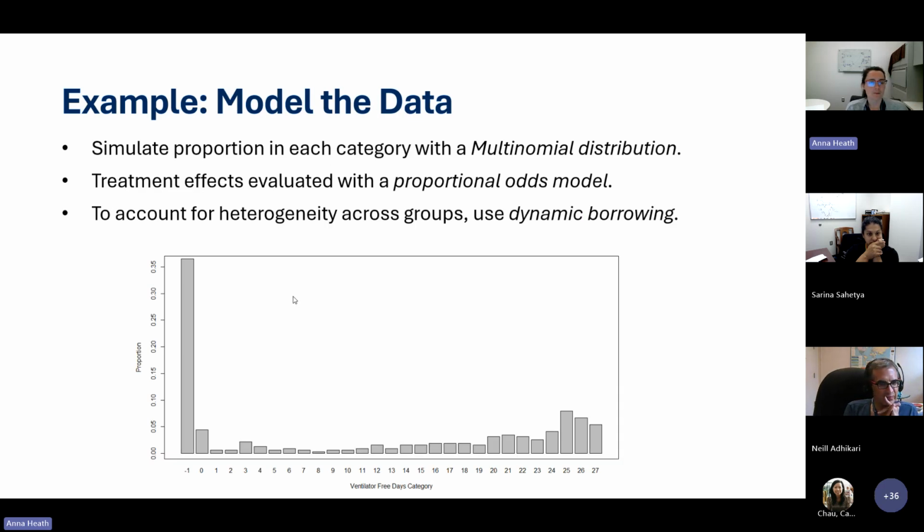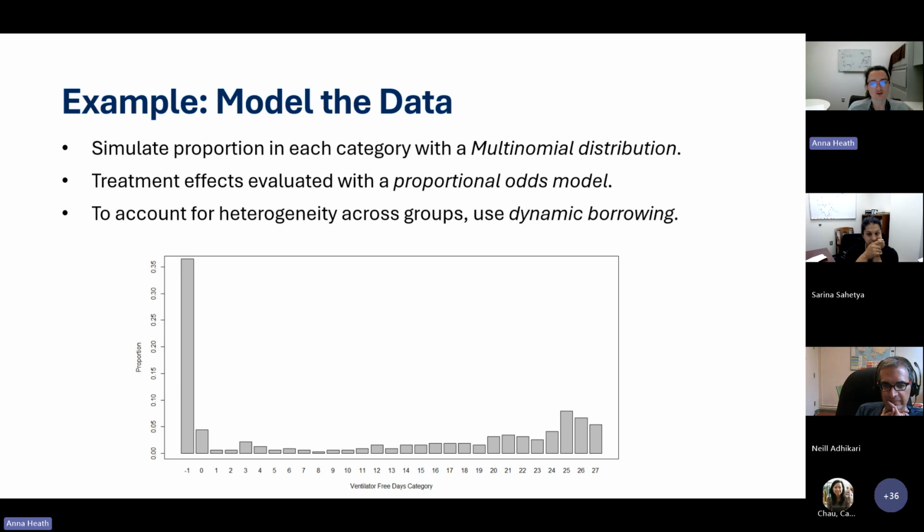So in this case, we're going to simulate the data in each category of this ventilator-free days distribution with a multinomial distribution. Essentially, that means that each patient can only experience one of the categories, and the probability of being in each category is calculated from the data. So there's a much higher probability of being in -1, and then in the larger values for ventilator-free days.